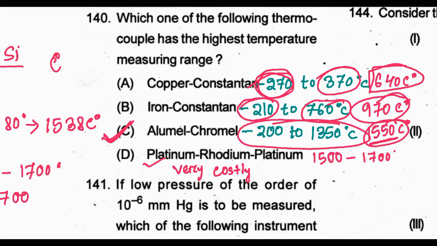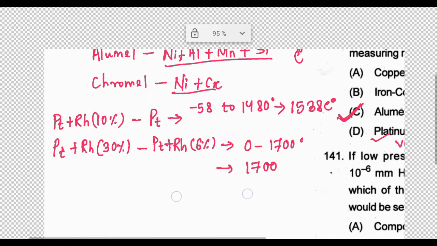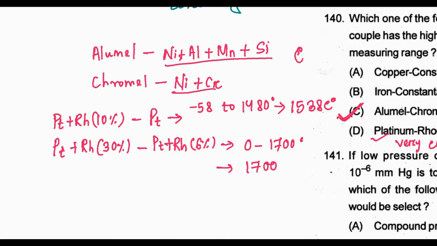But in my analysis, because I have already used platinum rhodium platinum thermocouples in my lab, and this measures up to 700 or 750 degrees Celsius, I will explain how platinum rhodium platinum is used. Generally there are three types of platinum rhodium platinum thermocouples.